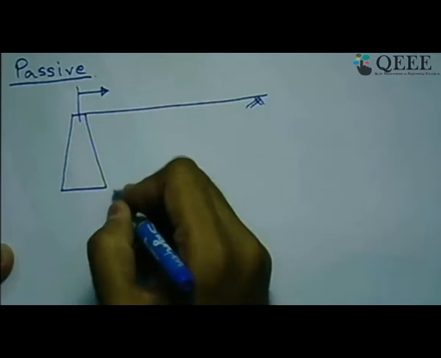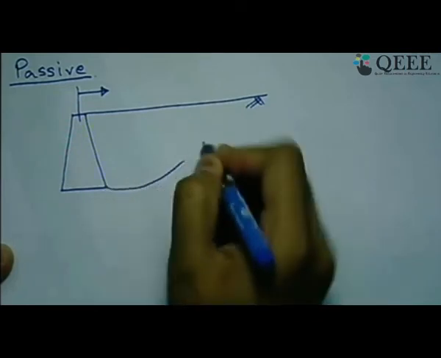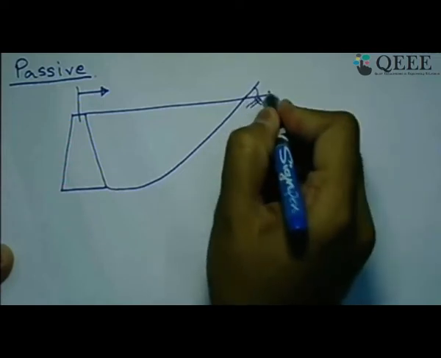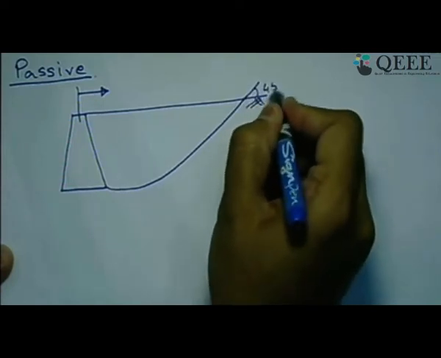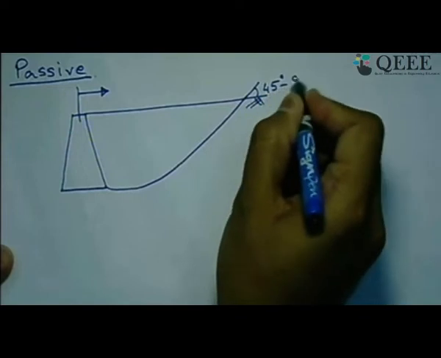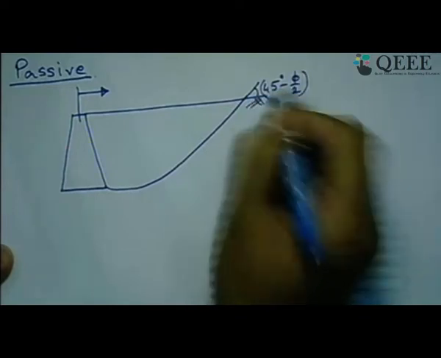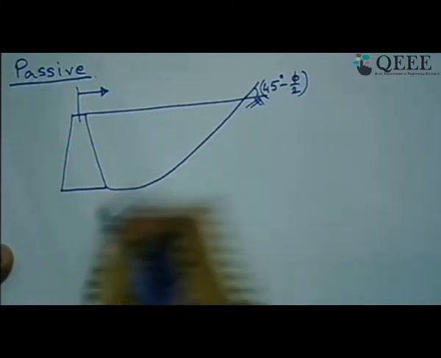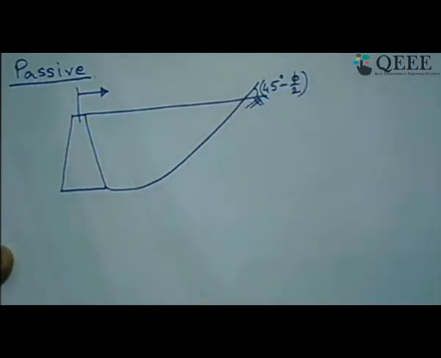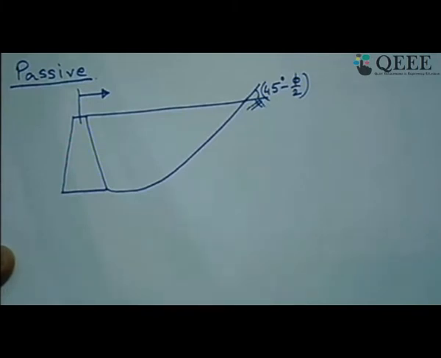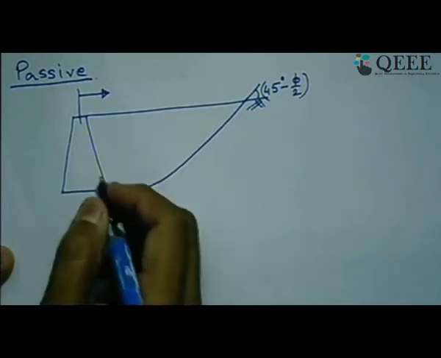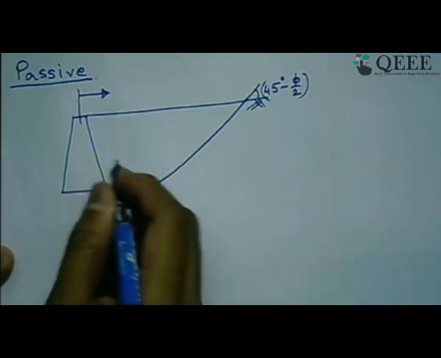Now for passive state, the failure plane typically looks like this, with an exit angle of Rankine, if we consider, 45 minus phi/2 that we have seen in the previous class itself. And this is a curvilinear failure surface, though Coulomb has considered a planar failure surface, that is a different issue. But this is a typical failure surface. And in the passive case, who moves up and who moves down between this wall and soil?